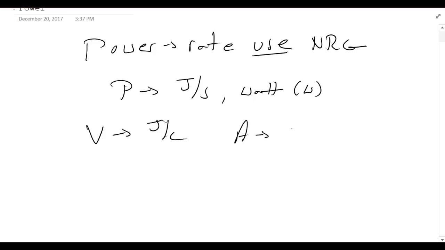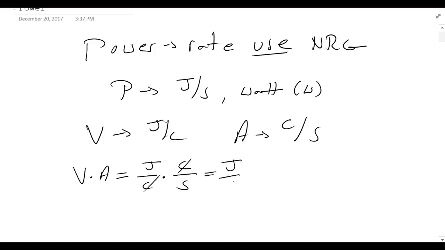Amperage, or current, is a coulomb per second. If we multiply those two together, we get a unit you may actually see called a volt amp, and it's a joule per coulomb multiplied by coulomb per second. And if you remember unit conversions, my coulombs will go away, and this gives us joules per second, also known as watts.